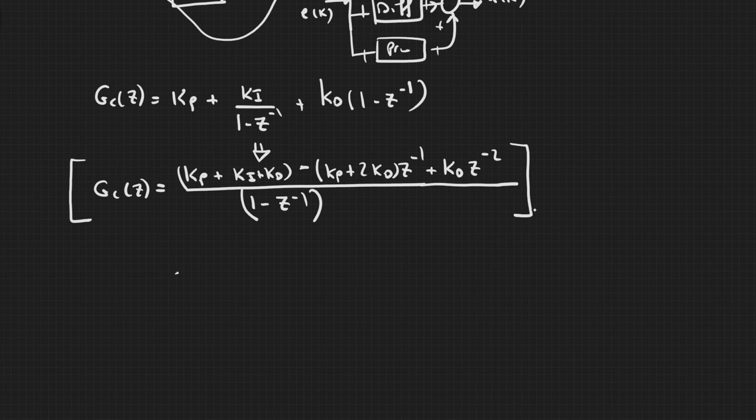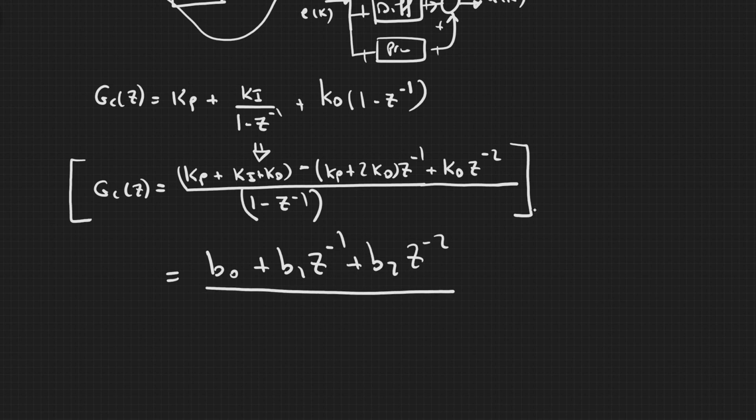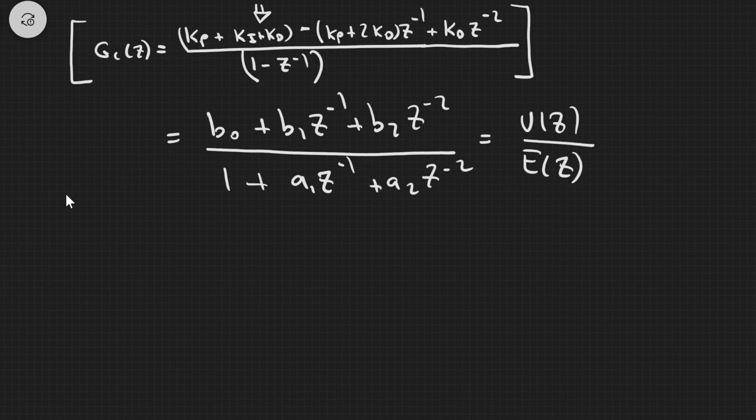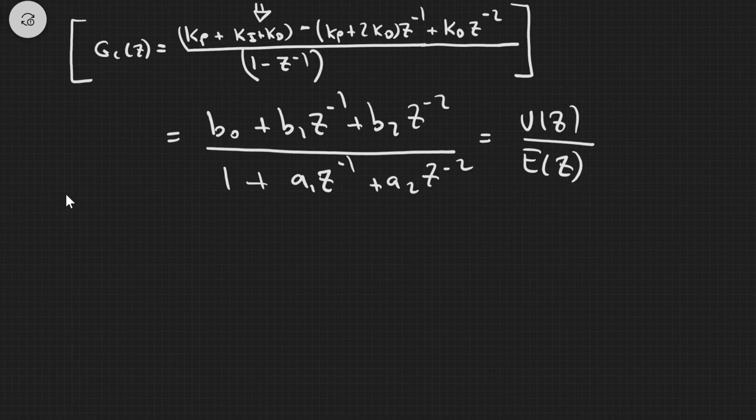In general this is like b0 plus b1 z inverse plus b2 z to the minus 2, divided by 1 plus a1 z inverse plus a2 z to the minus 2. This is the general expression of a recursive digital filter.